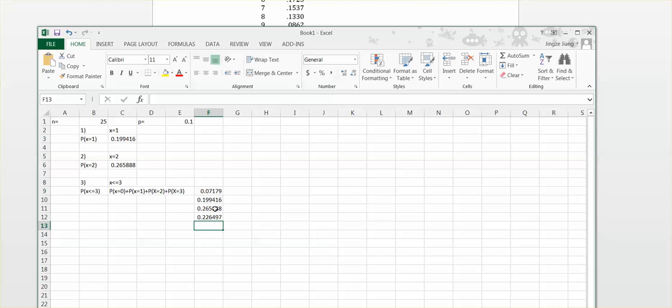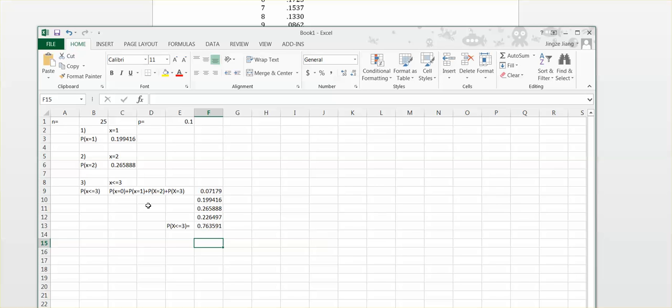Then we add all these four probabilities together and press enter. The probability of x smaller than or equal to 3 is equal to 0.763591. So this is the first approach.